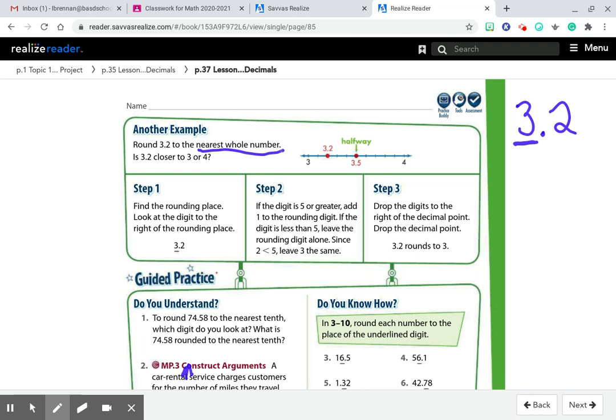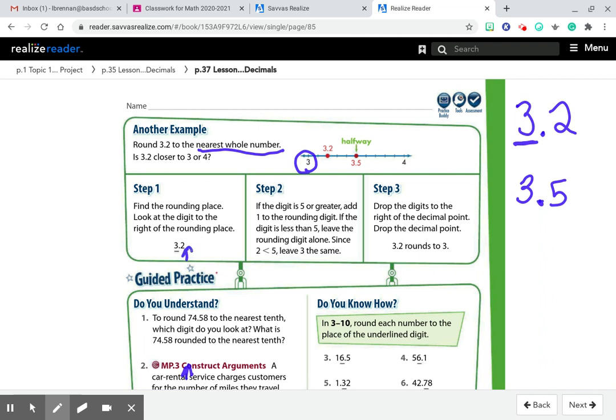So we want to know, is 3.2 closer to 3 or closer to 4? And if the halfway point is 3.5, that's a good benchmark for us to get in our heads. So we can say, well, 3.5 is halfway. 3.2 is below that. So we're going to go with the whole number 3. Find the rounding place. Look at the digit to the right of the rounding place. In this case, it's a 2.